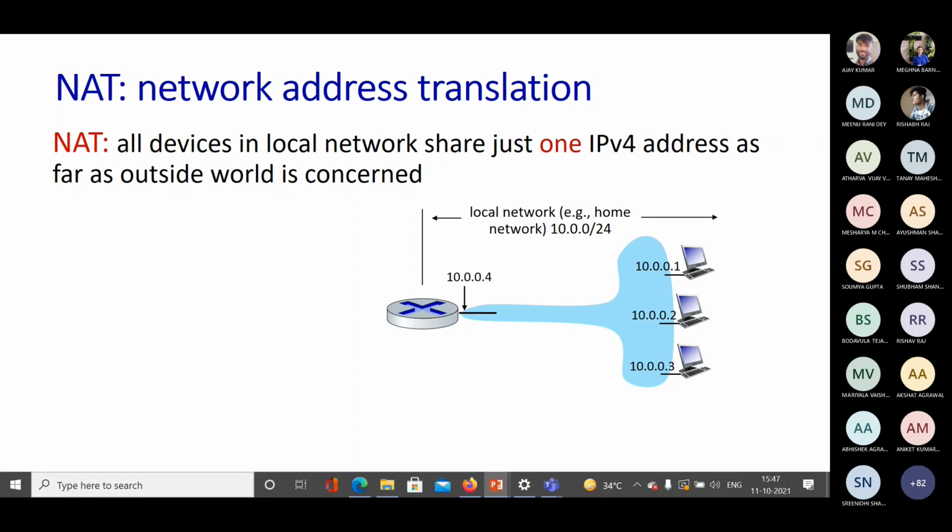So what does NAT do? Take a real life example: whatever happens inside our house is for us. The outside world or the entire society should know our house by a particular name or a person's name. People inside the house can be given or associated with some names, some nicknames.